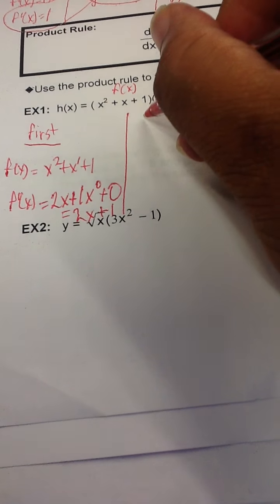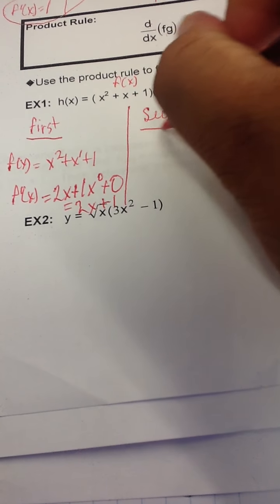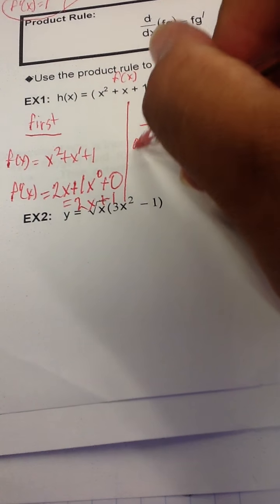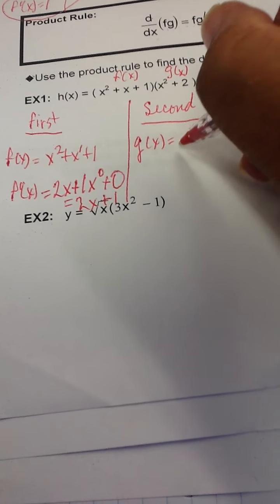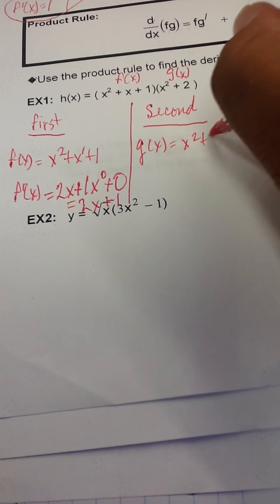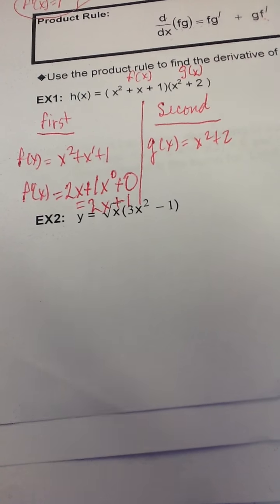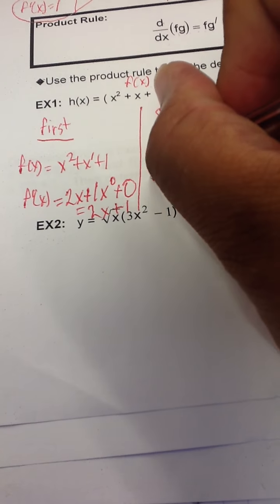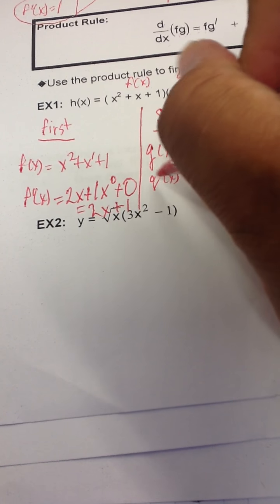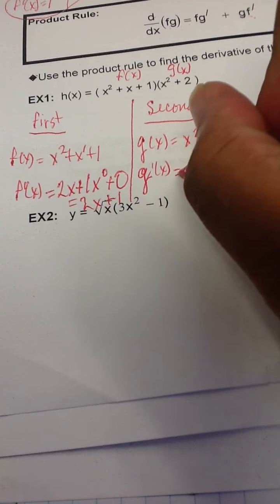Second one is the g of x. G of x equals x squared plus 2. And if you do these problems just the way that I'm doing it, if you go through these steps, you'll never get it wrong. So then g prime of x, I'm going to use the power rule.